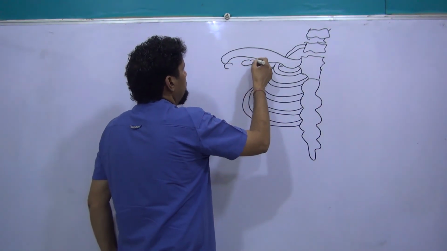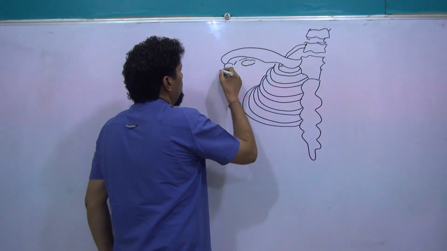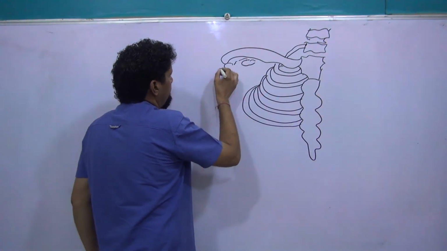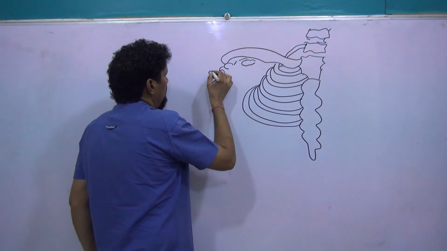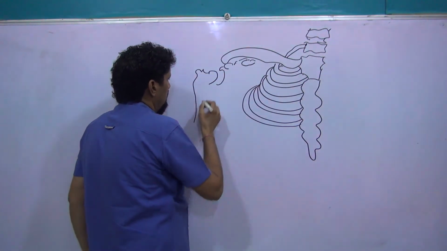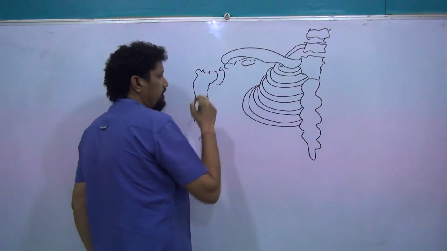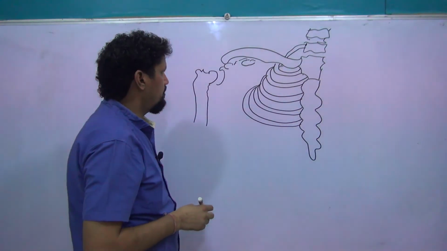The coracoid and the acromion, the glenoid cavity is here, forming the glenohumeral joint, also known as the shoulder joint.